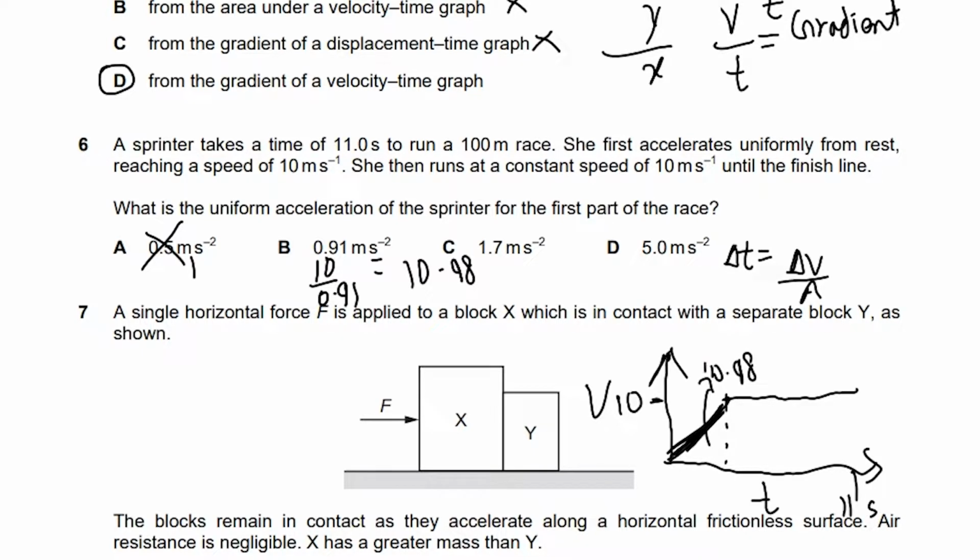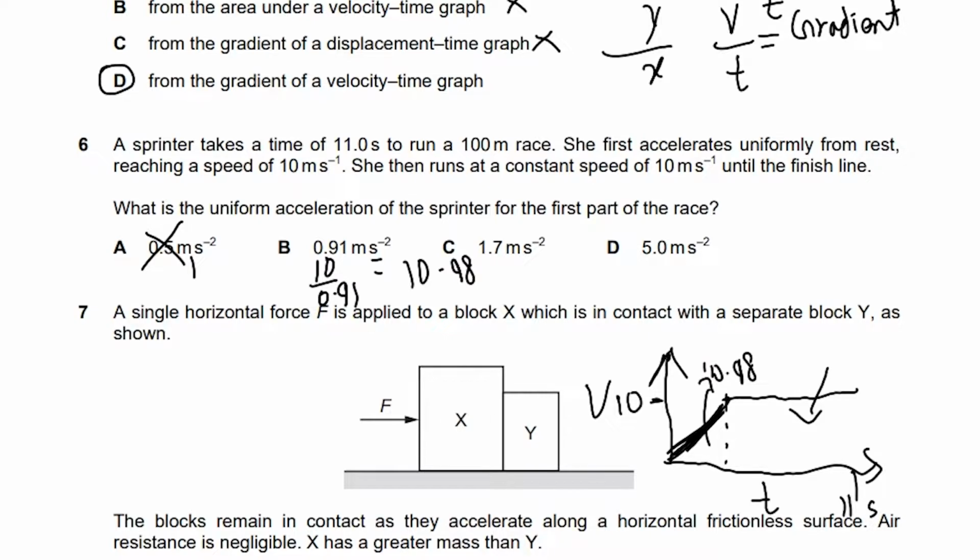If you subtract 10.98 from 11, the remaining time will be 0.02 seconds. So option B says that she took 10.98 seconds for the initial uniform acceleration and then 0.02 seconds for the remaining journey. Now obviously we know that this cannot be the answer, but let's prove this mathematically.